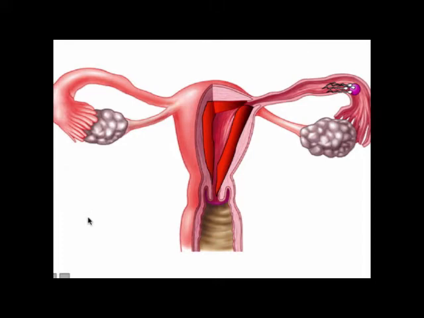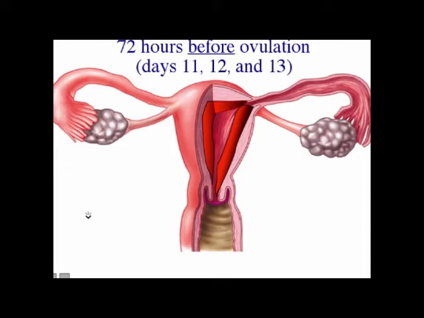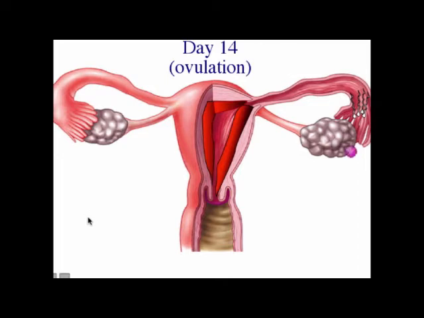And here's a cartoon of that. Here's days 11, 12, and 13. She has not ovulated yet, but if she has intercourse, the sperm will just swim up through the vagina and then get into the uterus and then into the fallopian tubes, and they'll just wait there on days 11, 12, or 13, just wait there for the egg to be ovulated, and then they're ready and welcoming and waiting for it, and will then fertilize it on day 14.